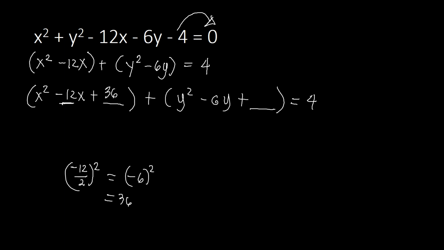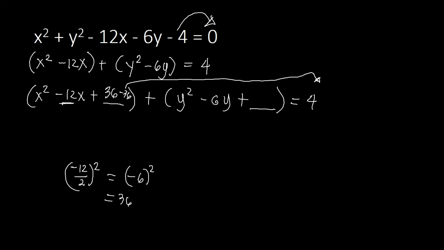So since we don't want to change our given, this is supposedly subtracted with 36, so that you don't change your given. But since all we wanted to have is the positive 36 here to be completing our perfect square trinomial, that is why we need to move the minus 36 to the other side, to the right side.